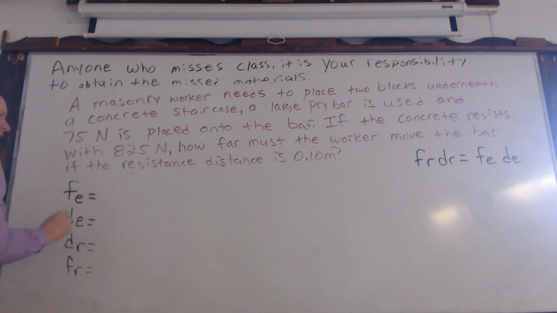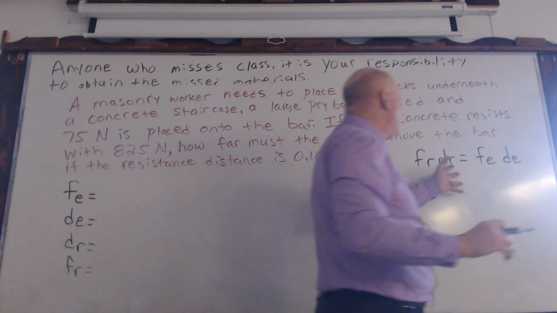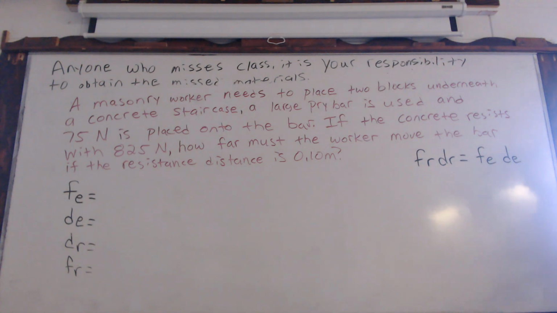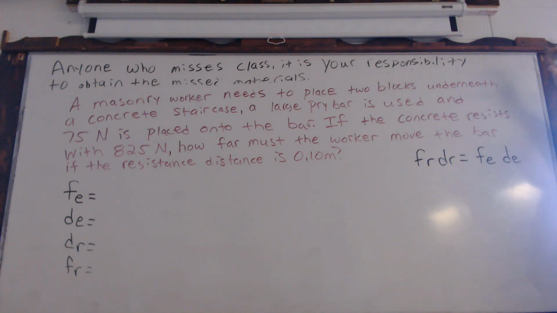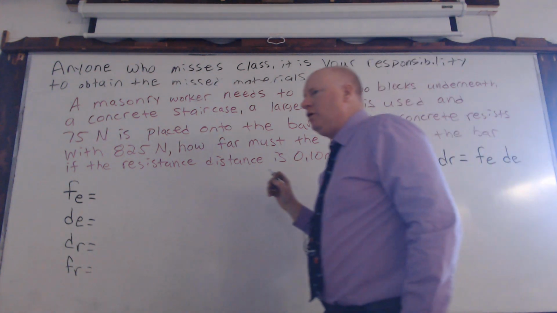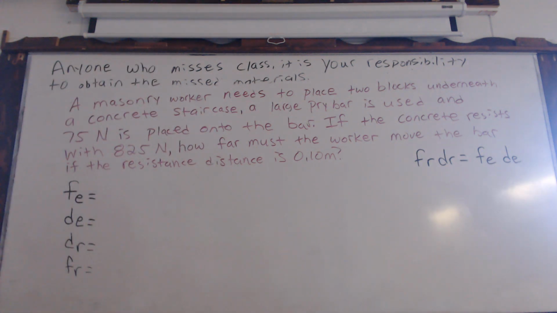If there are 4 variables in this formula, you have to know 3 of them. So if this is effort force, effort distance, resistance distance, and resistance force, by looking at what the problem is saying, a large pry bar is used and 75 newtons is placed onto the bar. Does that sound like a resistance force or an effort force on that bar? It's certainly an effort force. So 75 newtons goes here.